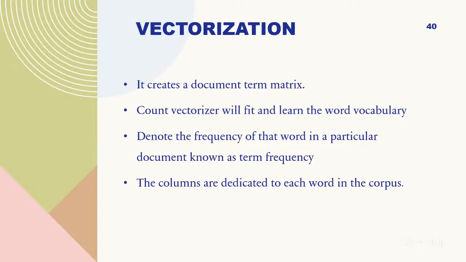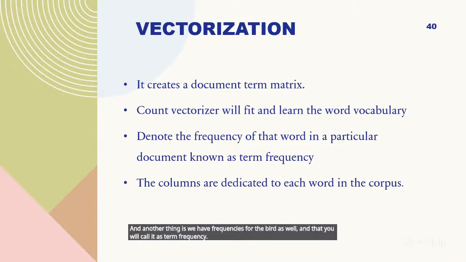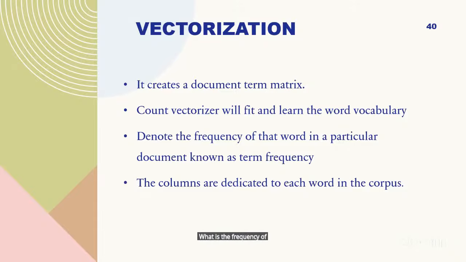And another thing is we have frequencies for the word as well, and that you will call term frequency. What is the frequency of a word? So I have used "is" twice. So the frequency of "is" is equal to 2.